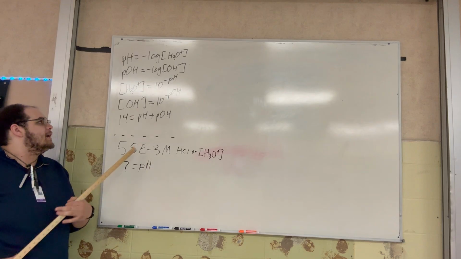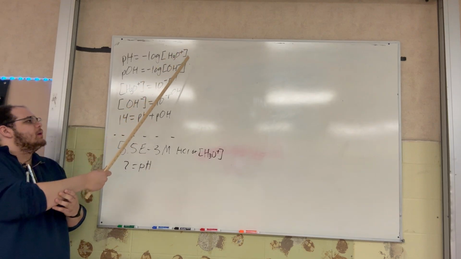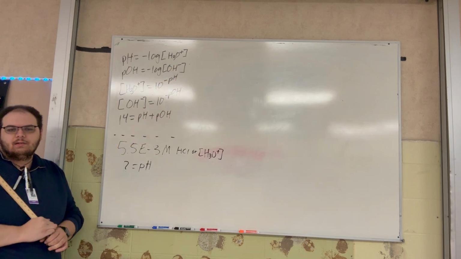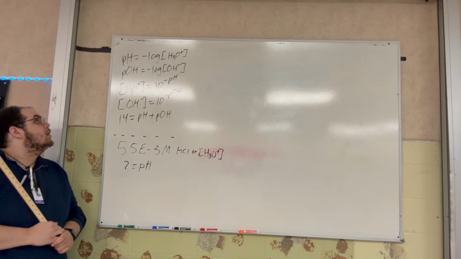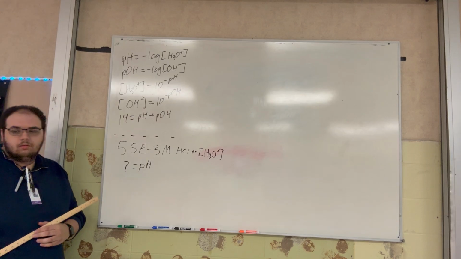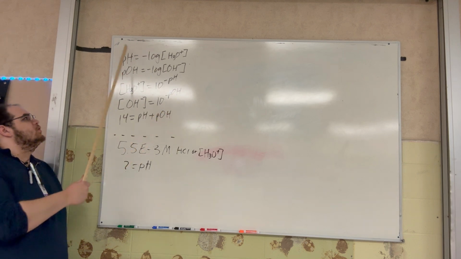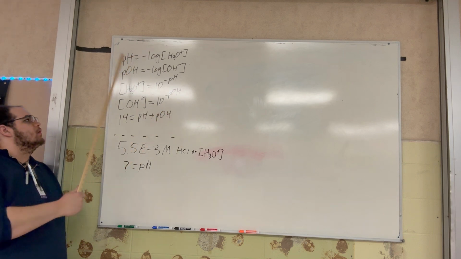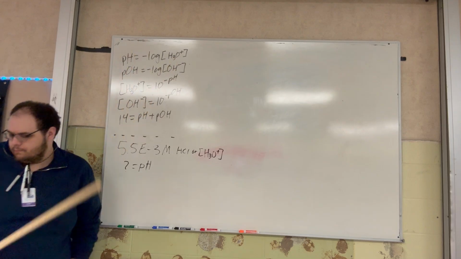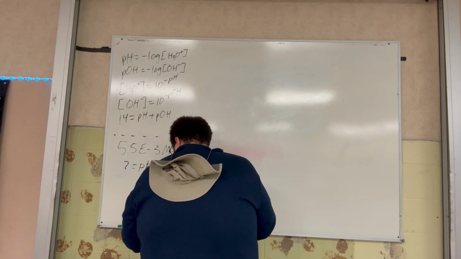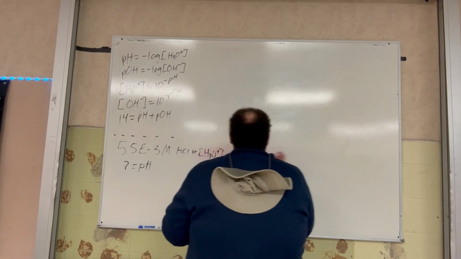We're looking for pH. Looking at my 5 equations here, which one do you think we're going to use to solve for pH here? The top one. Look, the top one, it's the only one that has the thing we're looking for and the thing we're given. I'm going to label that as equation 1, unless that hurts anybody's brain.